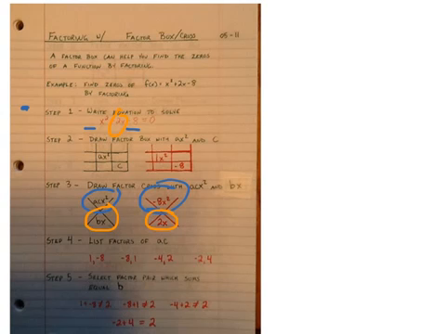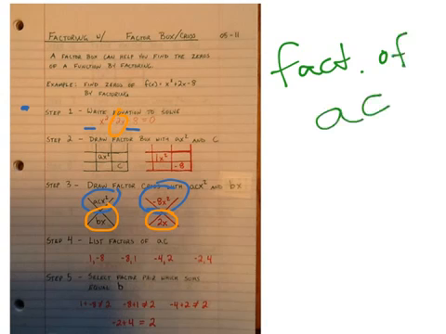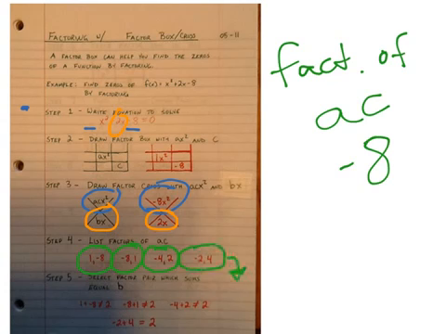The next step requires us to find factors of AC. So factors of AC, which in our case is negative 8. So I've listed out the various factors of negative 8. And sometimes you don't need to list all of them to get to the next step, but step 4 and 5 can be done in the head sometimes.